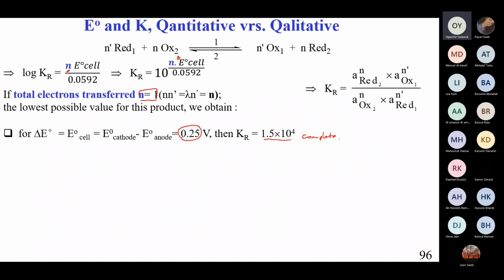So for any values of E naught of the cell greater than 0.25, we will automatically say that the reaction will go in a complete way. And if the change in E naught of the cell is less than minus 0.25, then the reaction is limited.